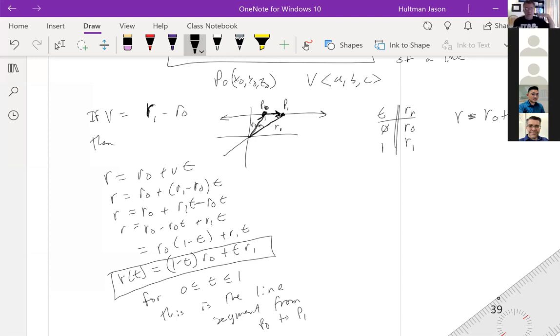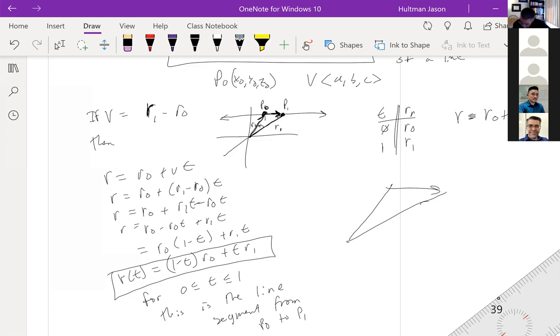But what are we saying v is? We're saying v is the vector between, the vector r1 minus r naught. Why is that? Because remember our triangle, right? So if we go like this, and we say that this is b and this is a, right?